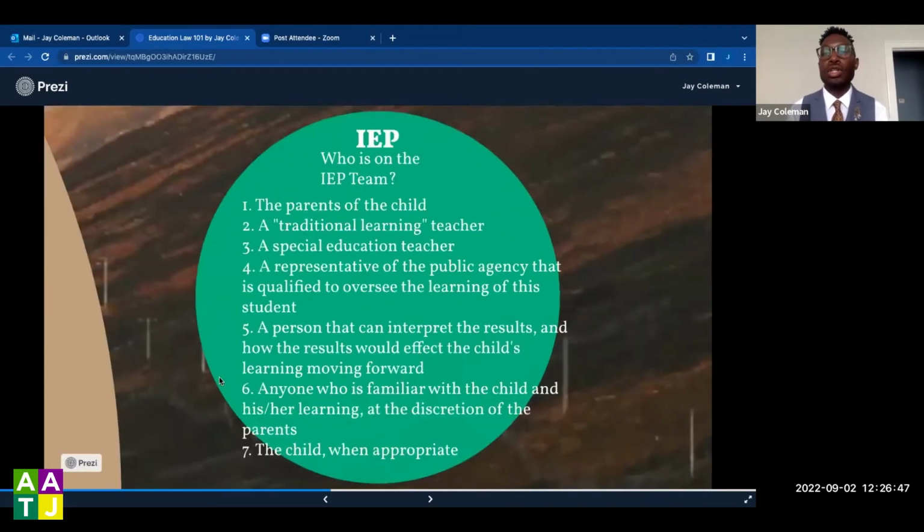Okay, so who is on the IEP team? The most important people on the IEP team are the parents of the child. Of course, the parent knows their child the best, so they would need to be involved in this situation.